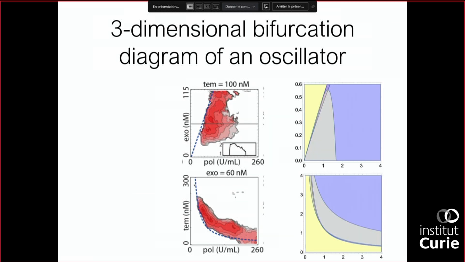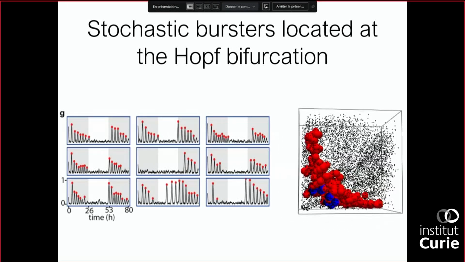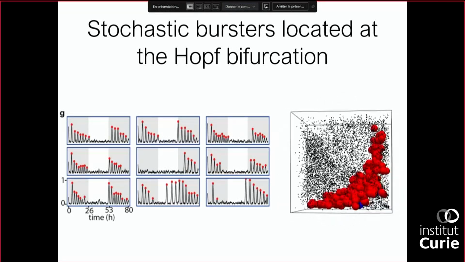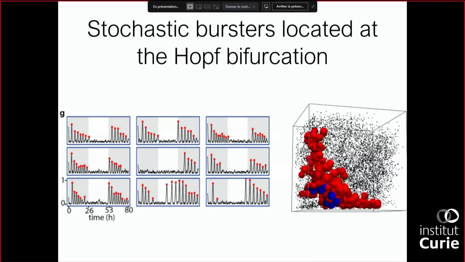And one interesting thing was that if you write relatively precisely the mathematical equation, you see that there is a very, very small area where you expect a different behavior, which is called hard excitation. It's basically a bistable system where one state is steady and the other one is oscillatory. The system can switch from steady to oscillatory in principle. And indeed, we observed a number of relatively weird behaviors in these droplets. So these are the time traces.